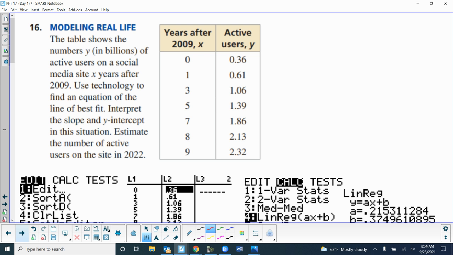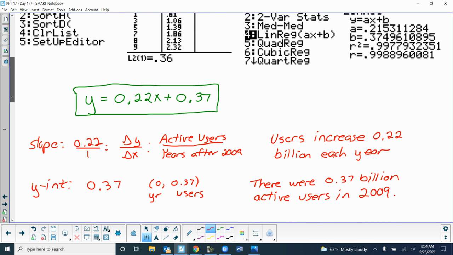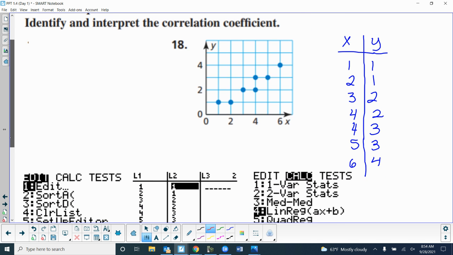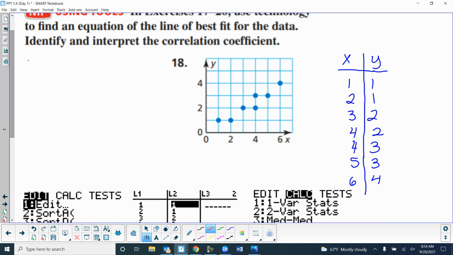So that was 15. There was 16. Okay? And then 17, or I'm sorry, 18. All right, and they just gave you points here, so you had to write the points, so you knew what your X list and your Y list was.